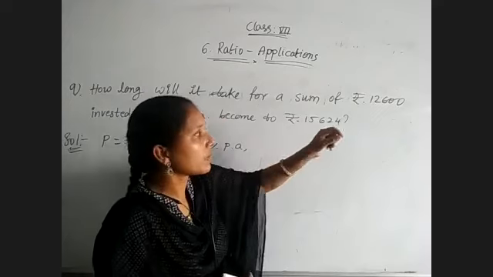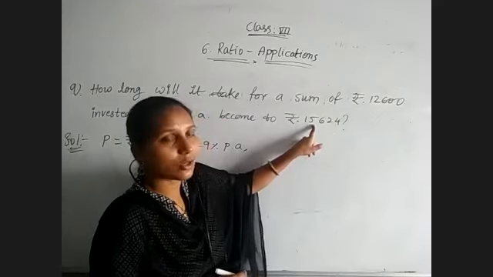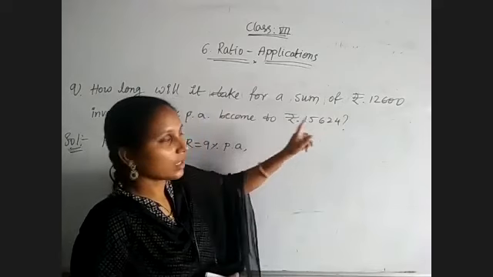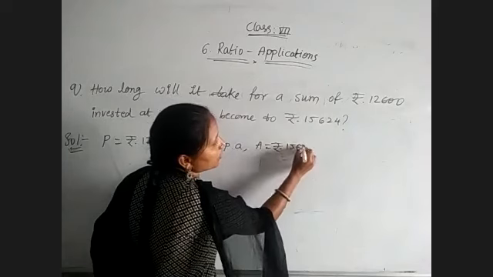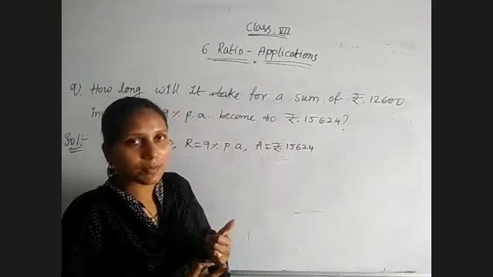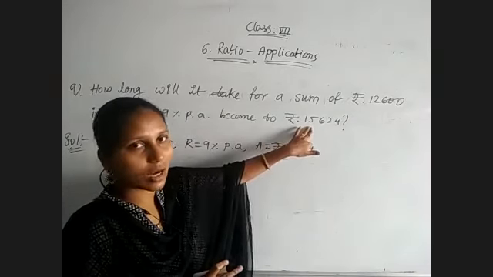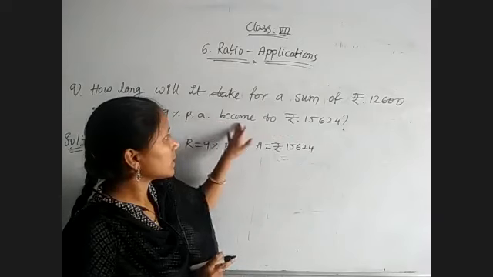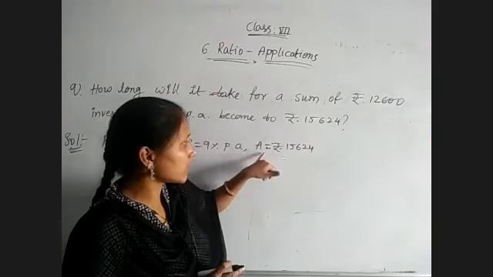Interest will be smaller than amount and principal. Here 15,624 is the bigger value, which means amount is given. So amount is equal to 15,624 rupees. Total money given is nothing but amount.